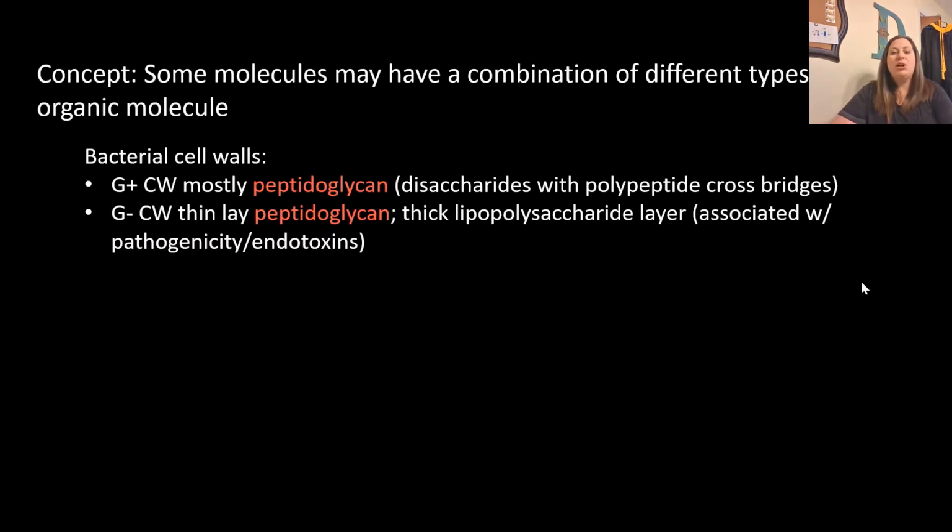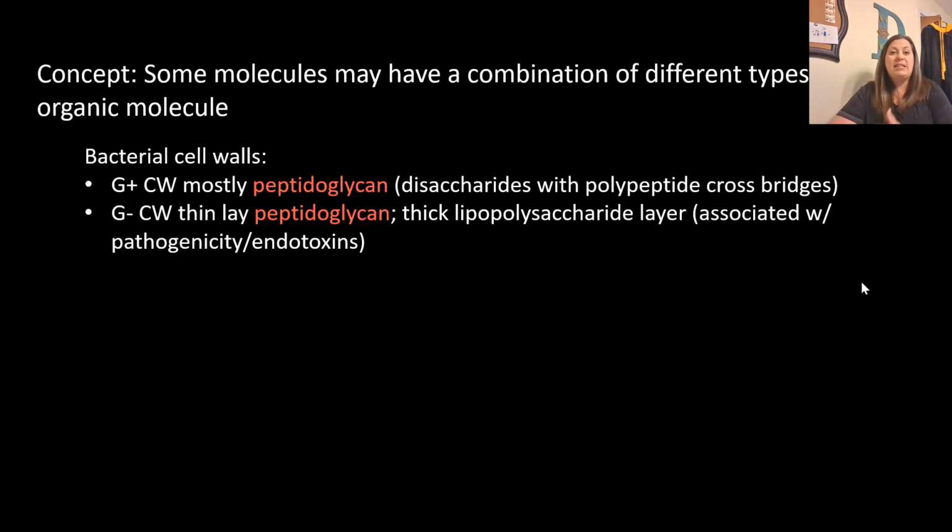So some concepts here. Some molecules may have a combination of different types of organic molecules. When we look at bacterial cell walls, gram-positive cell walls mostly contain a structure called peptidoglycan. Peptidoglycan is a bunch of disaccharides with proteins or polypeptides as cross bridges.